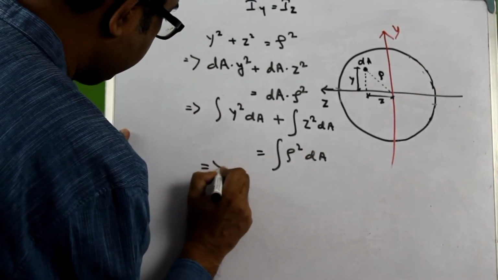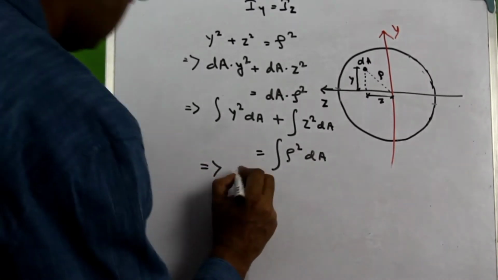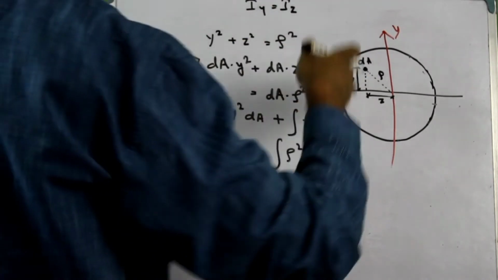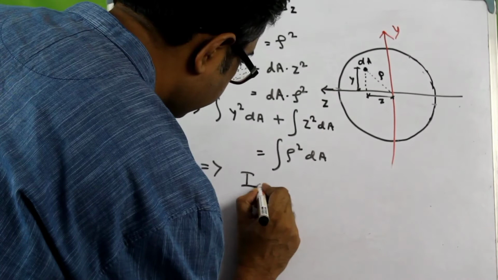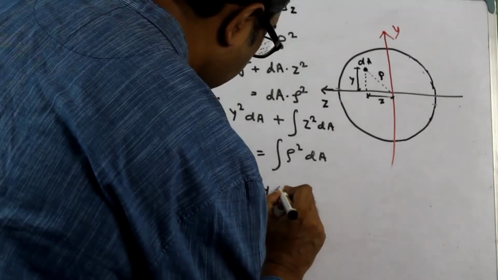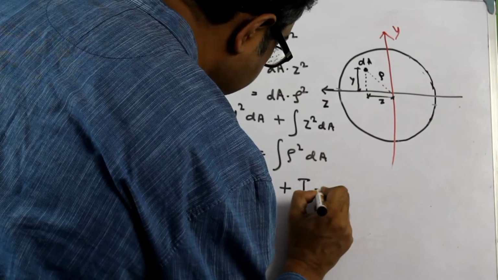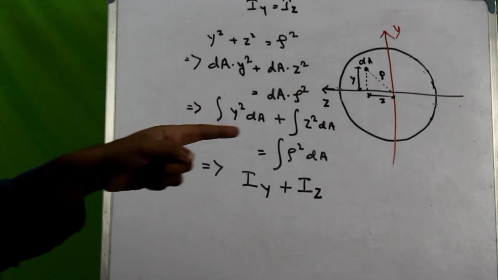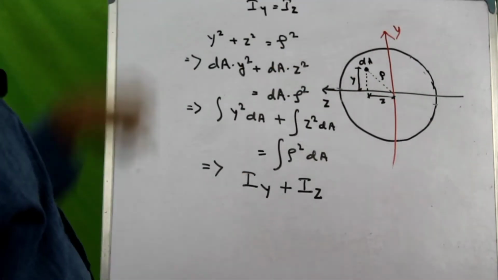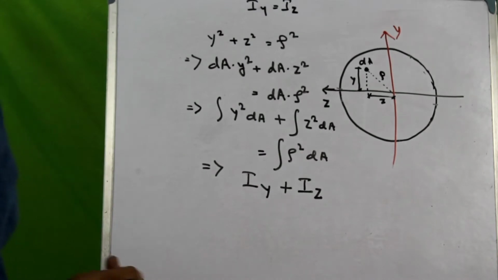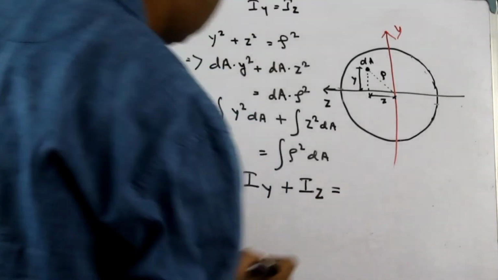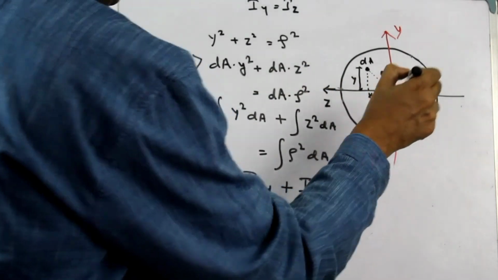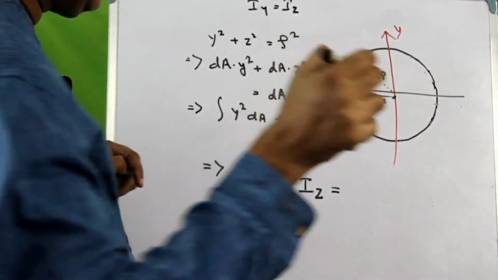It is nothing but the moment of inertia of this circular cross section about the y-axis. So this is Iy and this is Iz. Z square dA is nothing but the moment of inertia of this cross section about the z-axis, and that would be equal to the moment of inertia about this axis, which is the x-axis, right?